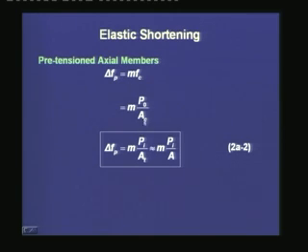Now, we shall see later that this expression can be again written as the modular ratio times Pi, which is the force we are recording at the jack, divided by the transformed area. Now, this can be simplified to a product of the modular ratio times Pi divided by the gross area. The difference between the gross area and the transformed area may not be significant if the amount of prestressing steel is small.